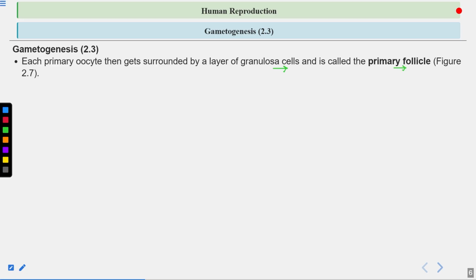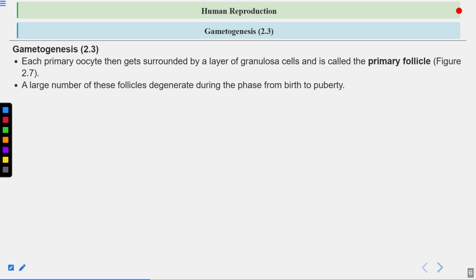So this is how the primary follicle is forming when the primary oocyte gets surrounded by a single layer of granulosa cells. Now, what are these granulosa cells? These granulosa cells are somatic cells in the ovaries that surround and support the oocyte. Now, the primary follicle is formed. Primary follicle consists of the primary oocyte.